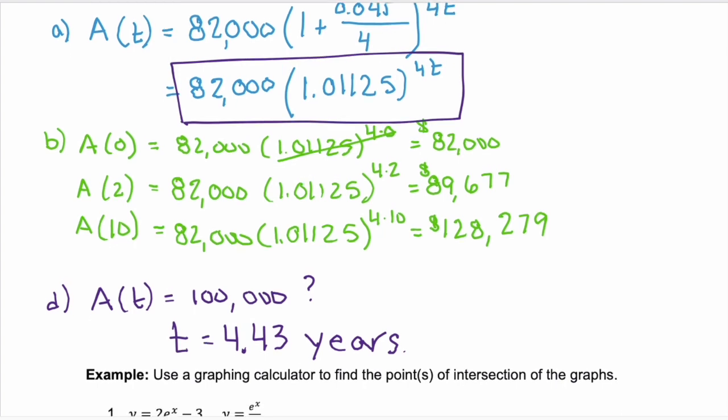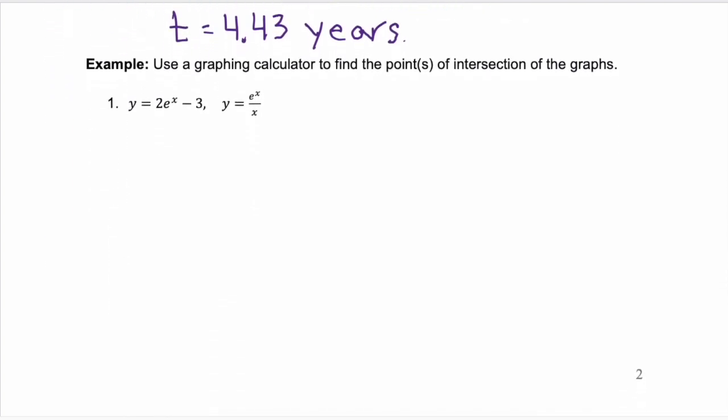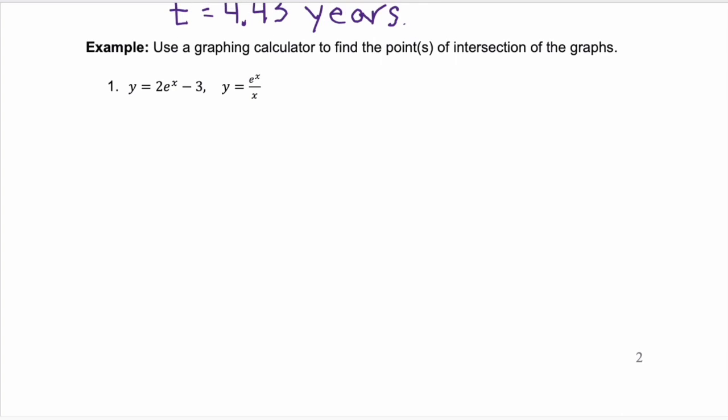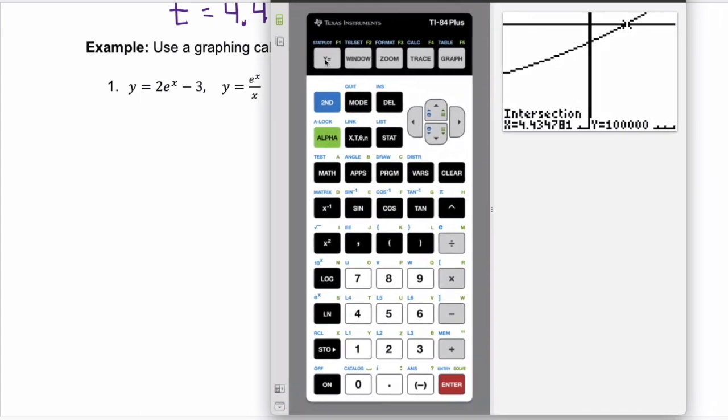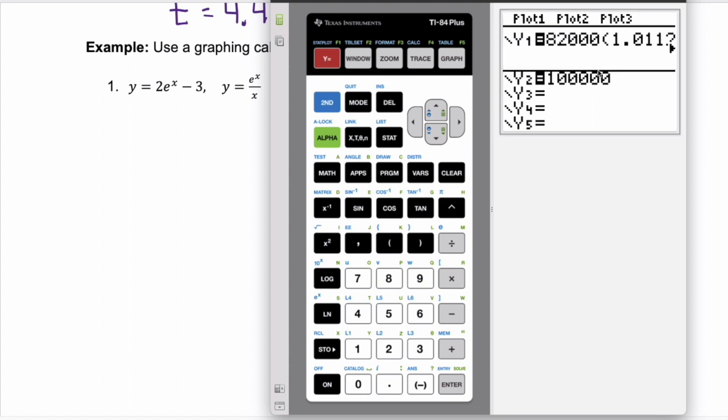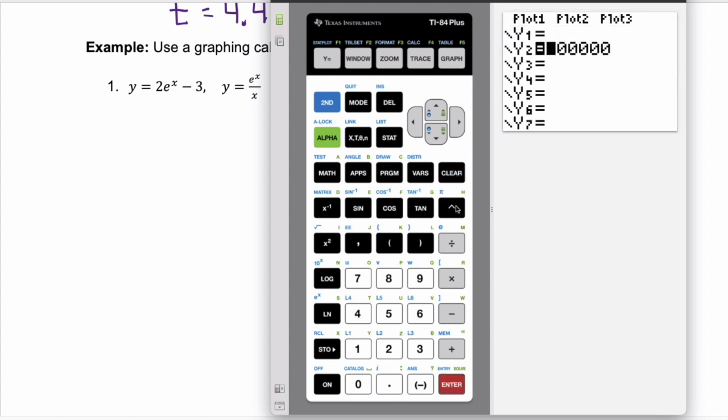Not bad. Let's look at another example where we have to use our graphing calculator to help us find points of intersection. So here we have two separate equations. We're going to pull our graphing calculator back up. We need to go back into the y equals. If you have graphs in there, you want to clear those. And then we want to enter each of these equations. So the first one is y equals 2 e to the x minus 3, this blue function. So we have to hit the second button and then e. And notice that it gives us the ability to put in the exponent.